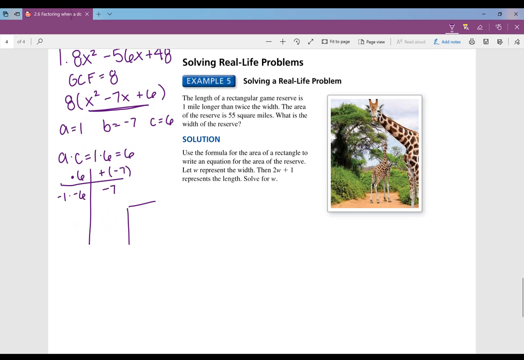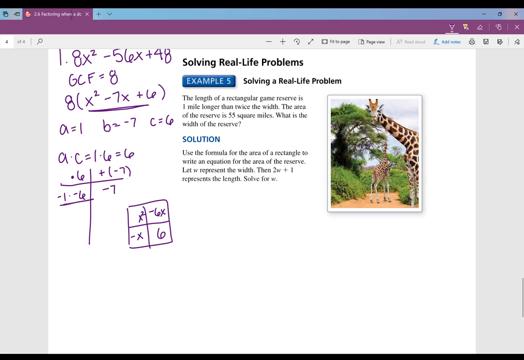So when we make our box, we're going to have our a term in the first box, sorry, just x squared because we took out our GCF, and then 6, our c term, in the last box, and then negative x and negative 6x in our two remaining boxes from the numbers that we found.